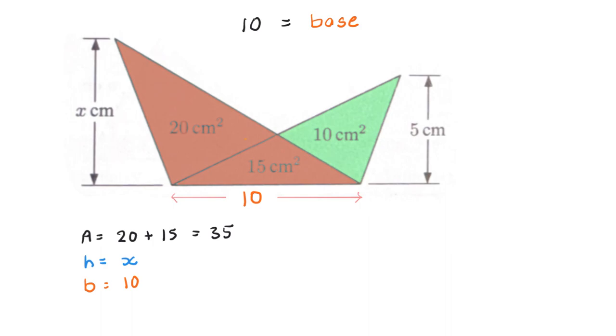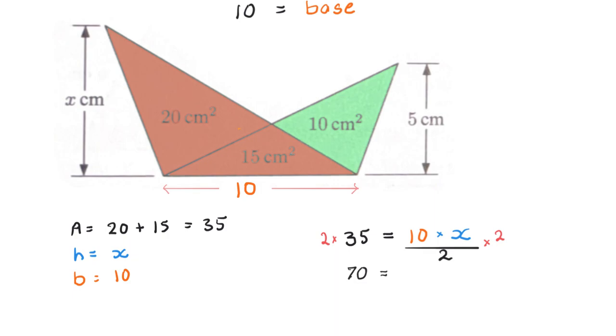So we can insert this into our formula, and this means it'll be 35 is equal to base, which is 10, and now we're multiplying it by the height, which is x, and divided by 2. In a similar way, we'll just eliminate the 2 on the right hand side by multiplying it by 2, which means that 70 is equal to 10 multiplied by x.